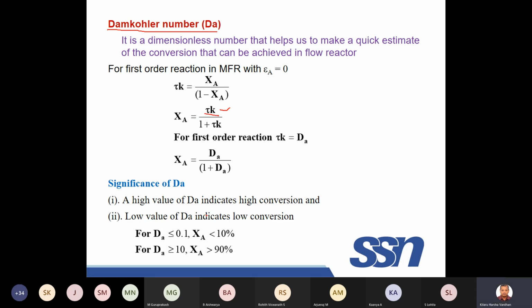The Damkohler number is very important, because if you want high conversion, a high value of the Damkohler number should be there. If the value is low, obviously you get a low conversion, because it directly depends on tau, the space time, which is how much time it is spending inside the reactor. The more time spent inside the reactor, the more the conversion.